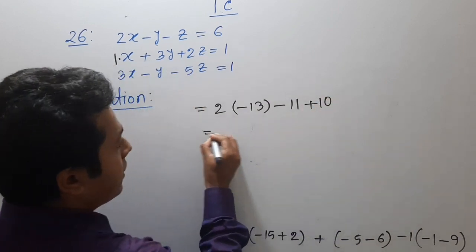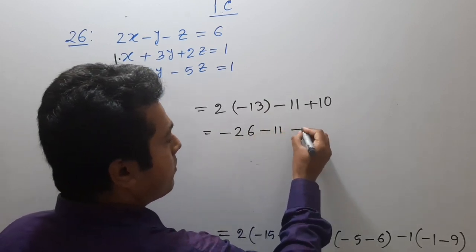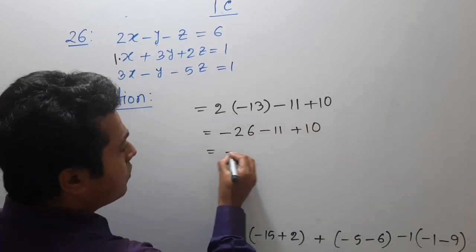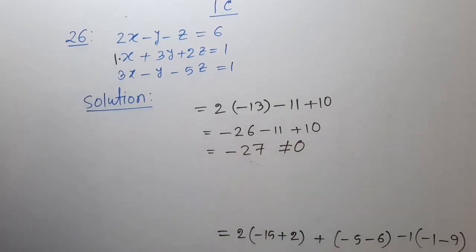That is minus 26 minus 11 plus 10, equal to minus 27, which is not equal to 0. So it has a solution because D is not 0.